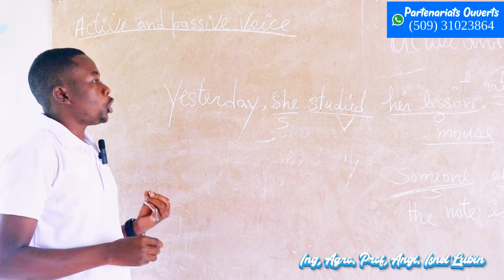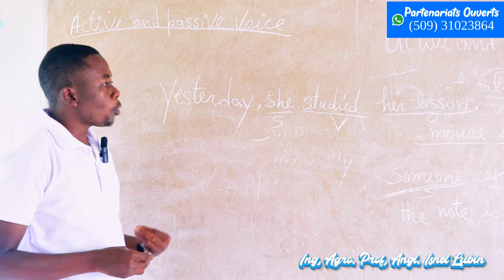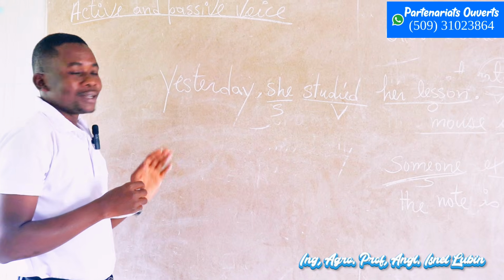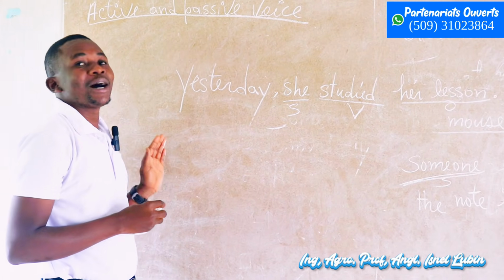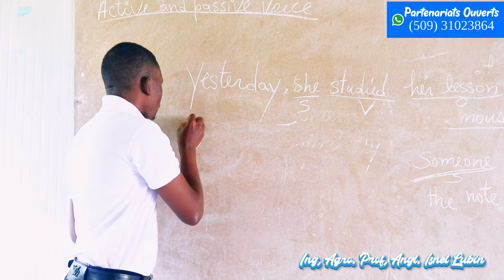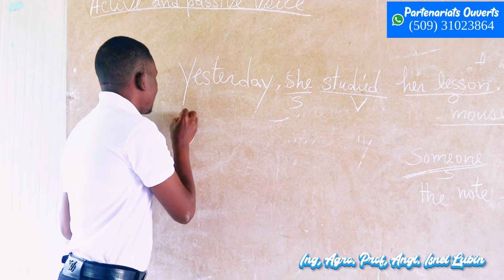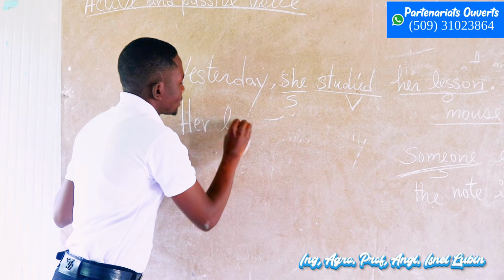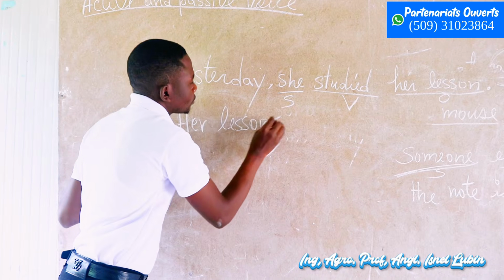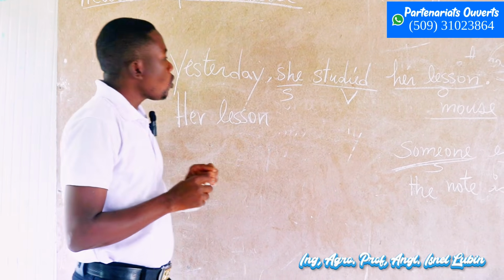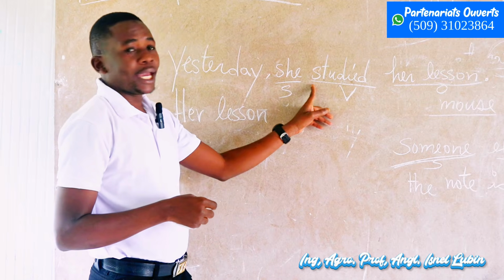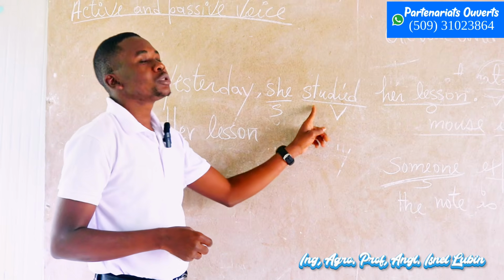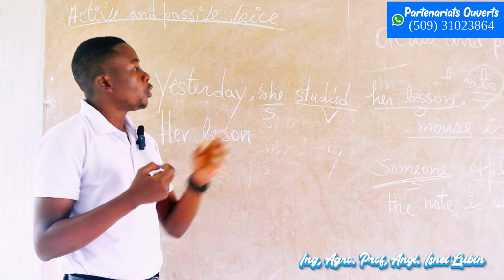So, to transform from active to passive voice, you just move the object to the subject position. Her lesson. Now we are going to conjugate the verb to be in past tense, and then we will put the past participle of the verb to study, which is studied.